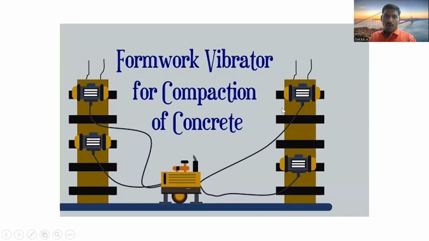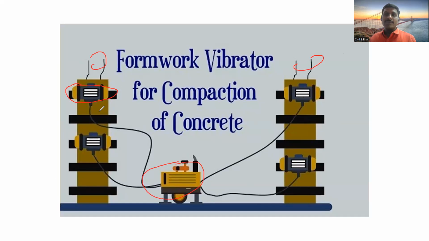For the concreting, these are the steel bars from the columns, and this is the formwork. The yellow color indicates the formwork, and this vibrator is attached to the formwork.